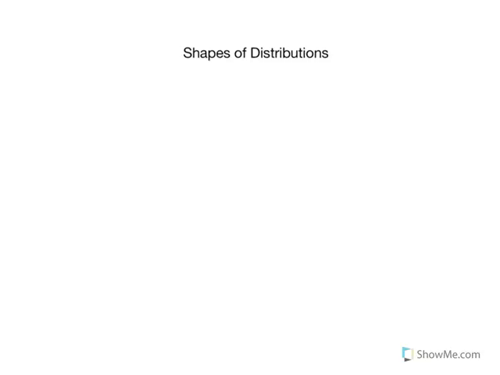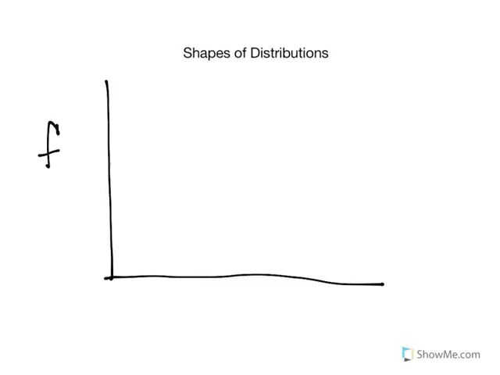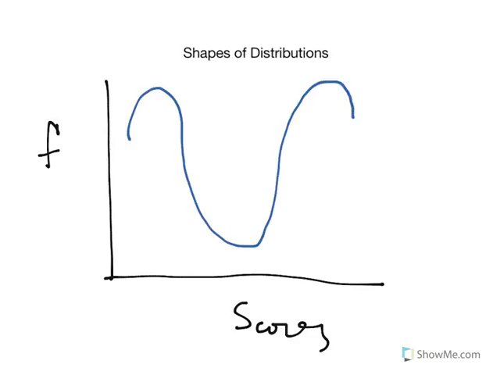Now there is another type of distribution that doesn't have skew at all, and that is sometimes called a multimodal distribution. So here's frequency, here's the scores. Okay. In a multimodal distribution, there are two modes, right? There are two high points.